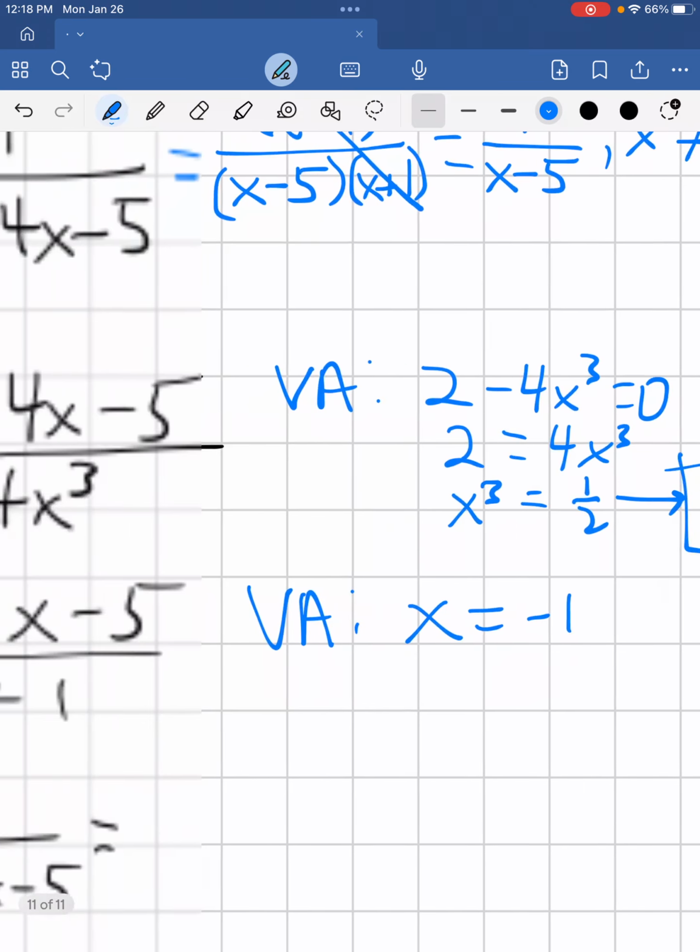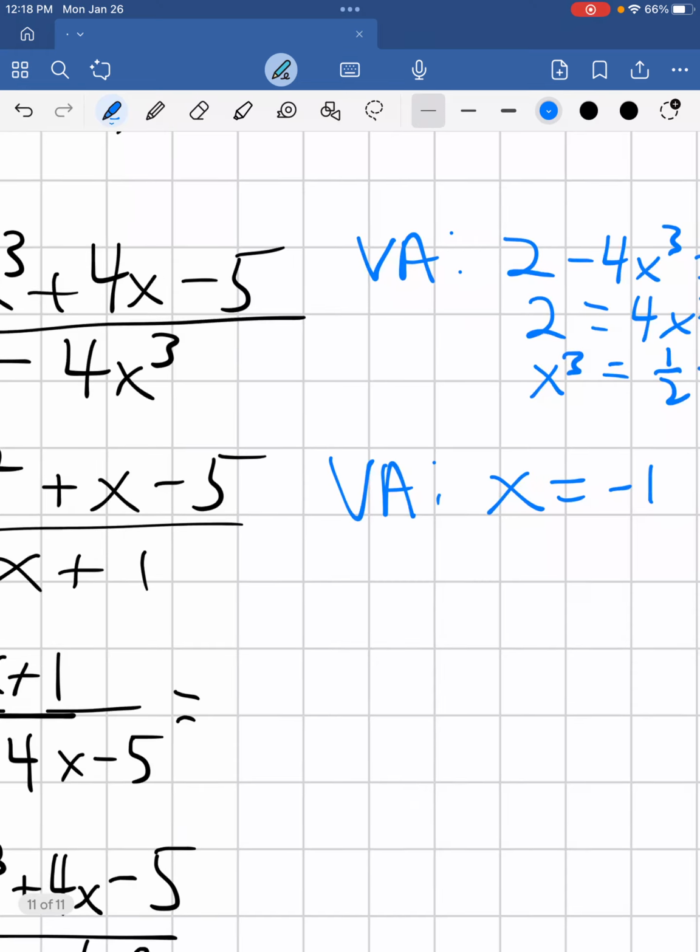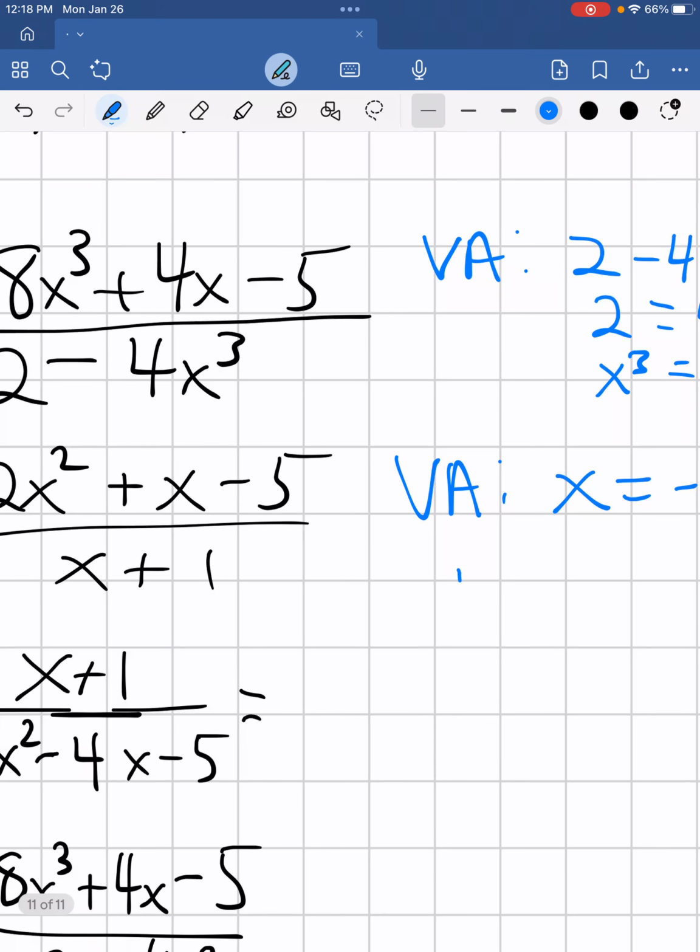So, doing some long division. We're dividing 2x squared plus x minus 5 by x plus 1. So remember the way this works, look at just the first terms. What do I multiply x by to get 2x squared? I multiply it by 2x.